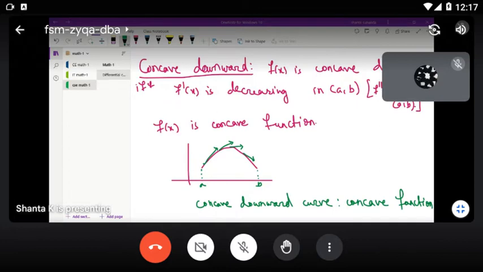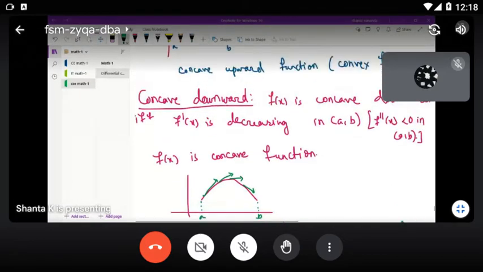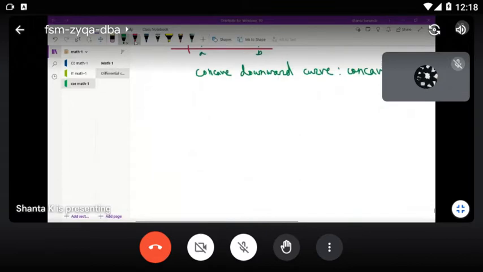So now it's clear what is a convex function, what is concave downward, concave upward. When a function is concave upward, it's a convex function. Now we will come to the point of inflection. So what do you know about point of inflection?